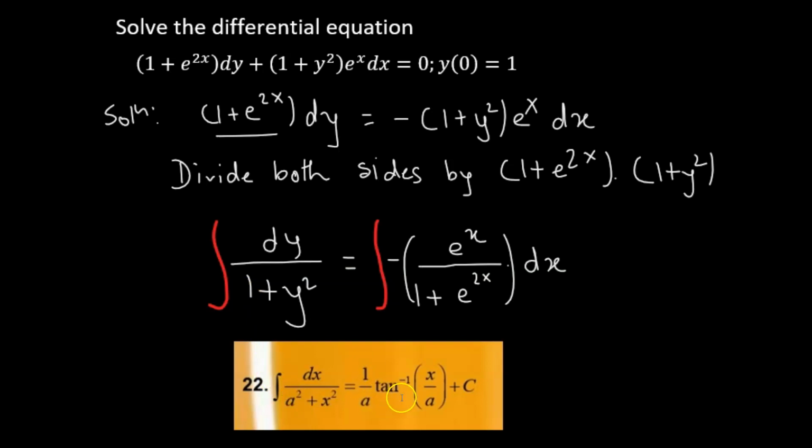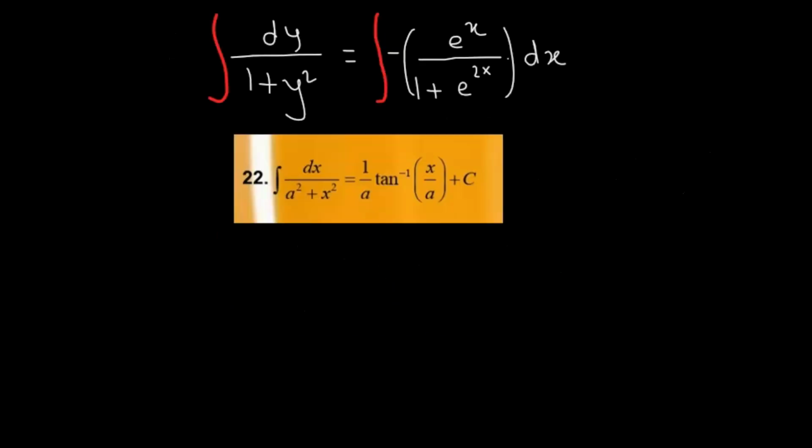So we will get tangent inverse of x plus the constant of integration c. For the integral on the left hand side, we have the arctangent of our function y. We'll reserve the constant of integration for the right hand side.